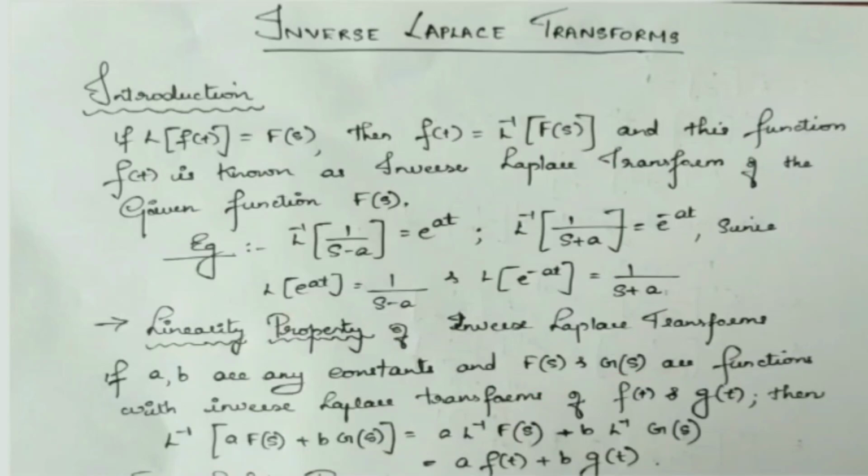Because a and b are constants, we can take them outside. So it will be a Laplace inverse of F of s plus b Laplace inverse of G of s, which will give you a f of t plus b g of t.